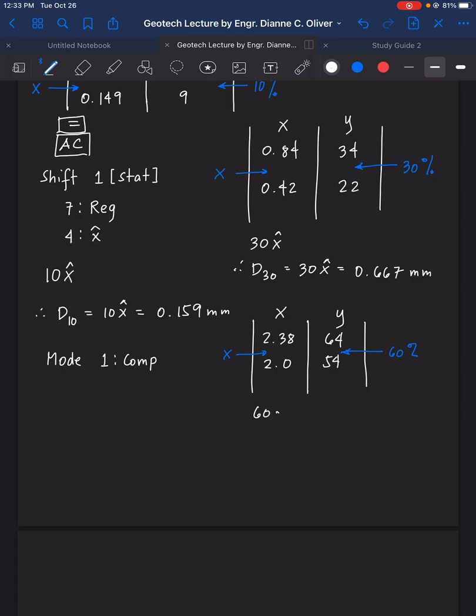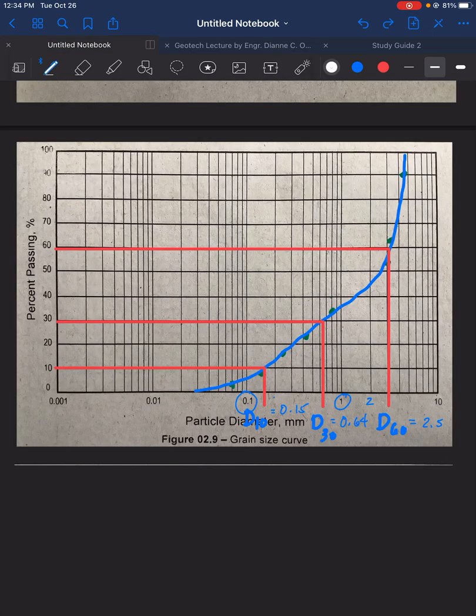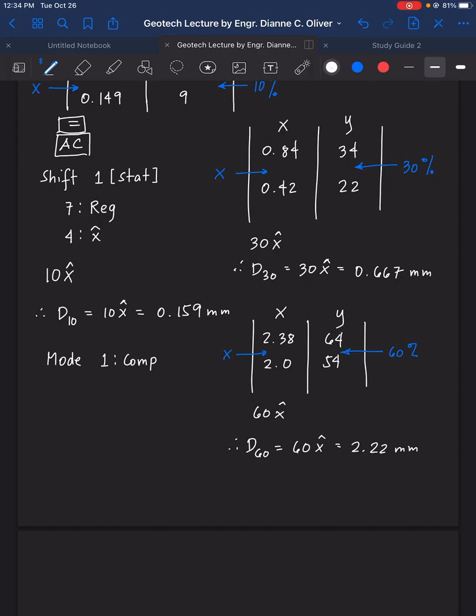So 60 x bar here, therefore D60 is equal to 60 x bar. So that is equal to 2.22 mm. In our chart here, our D60 is 2.5, and we have here a 2.22 value.